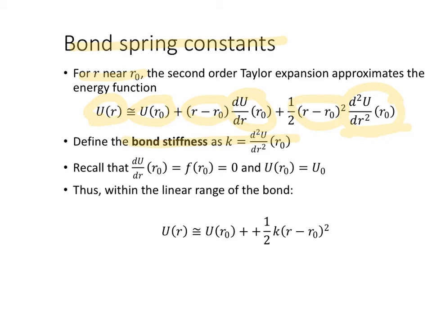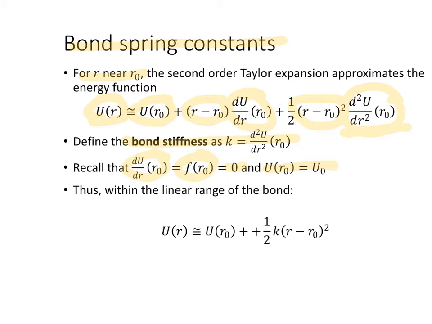So recall that the derivative of the energy, which is equal to the force at the equilibrium bond length, is 0. And that the bond energy at the equilibrium bond length is the equilibrium energy.